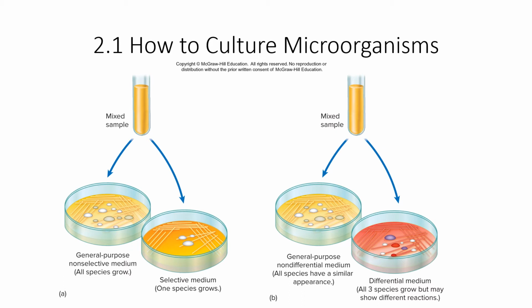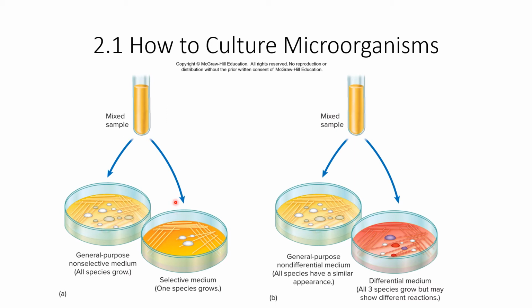Here's a figure from the textbook, to give you an idea. You take a mixed sample, you spread it around on a general purpose agar. Anything and everything grows. The different sizes of the dots are supposed to represent different species of bacteria.